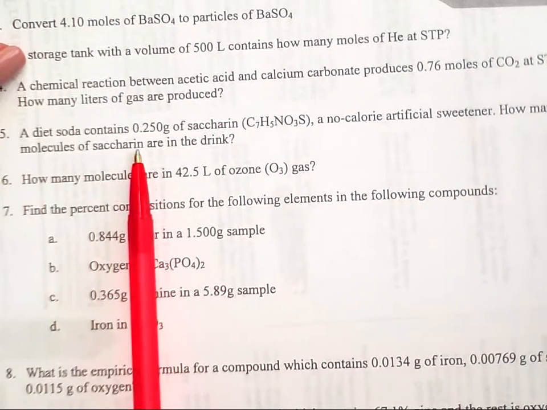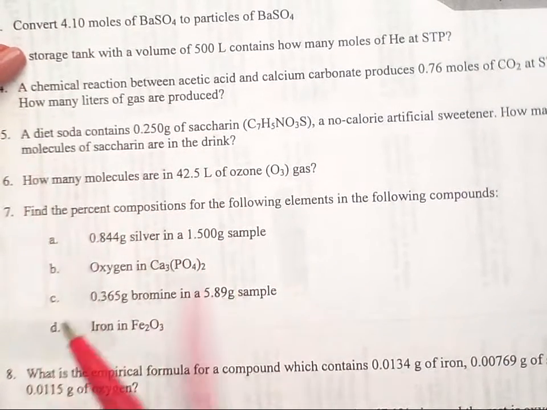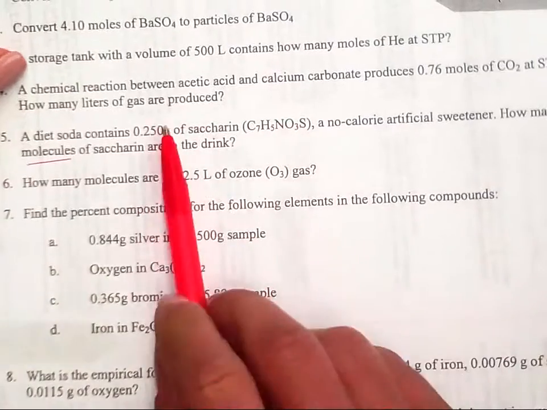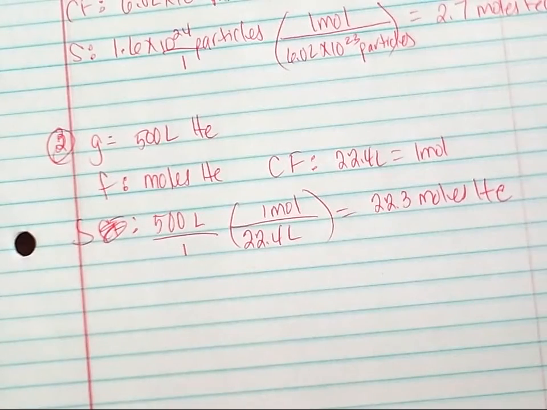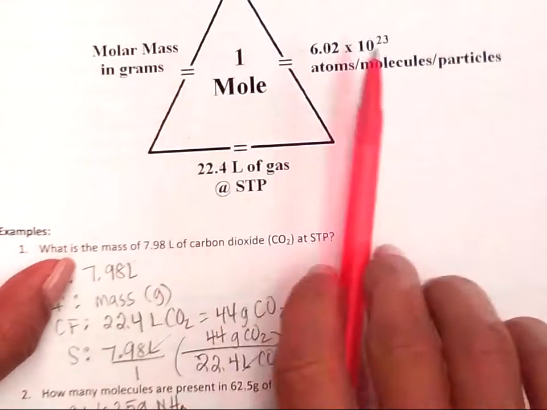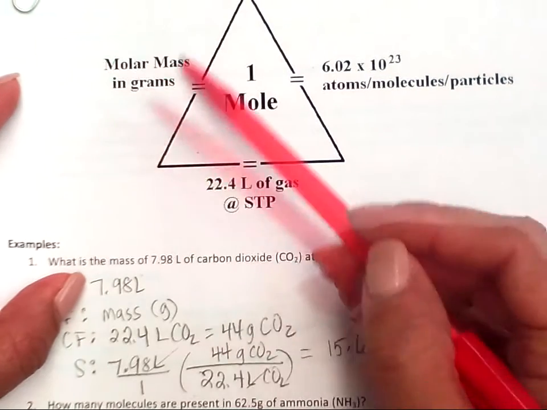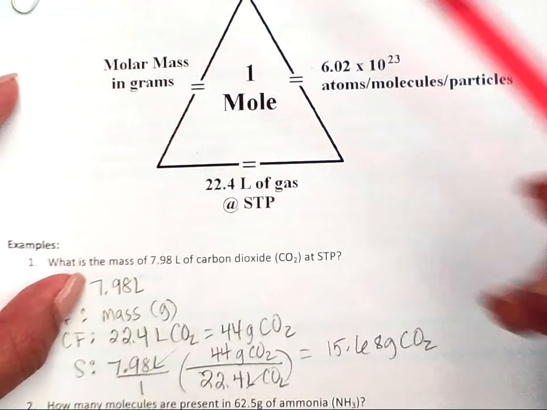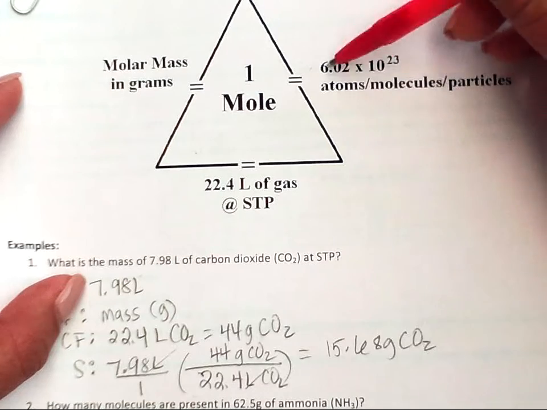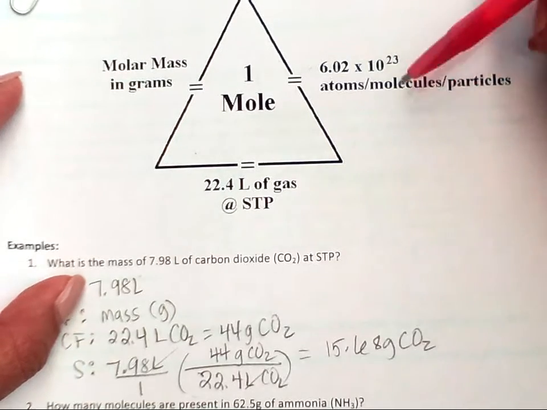How many molecules of saccharin are in the drink? So we're looking for molecules, and we're given grams. So the relationship between grams and molecules, okay, is going to be whatever the molar mass of the saccharin is compared to the 6.02 times 10 to the 23rd molecules.